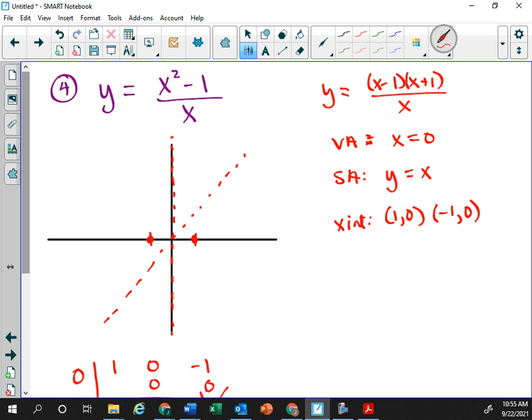No. Because if you plug 0 in for x, you divide by 0. That's no good. So there is no y-intercept, which makes sense. Your vertical asymptote is right on the y-axis, okay? This is enough. I know where the graph is going to be, so I can just say, okay, and it follows my asymptotes. And that's it.